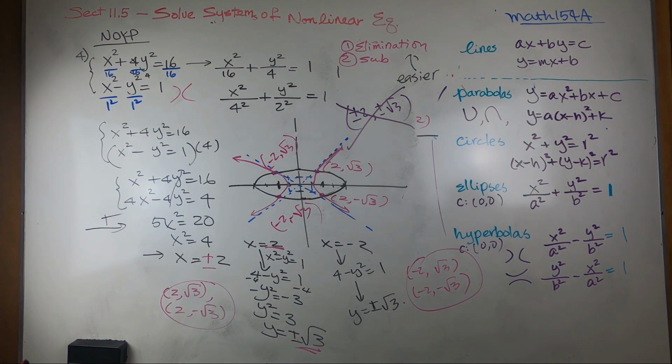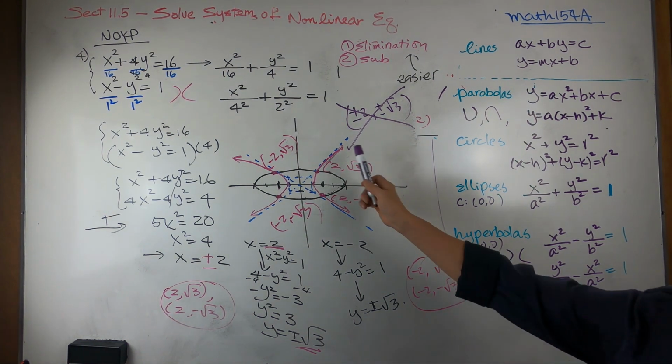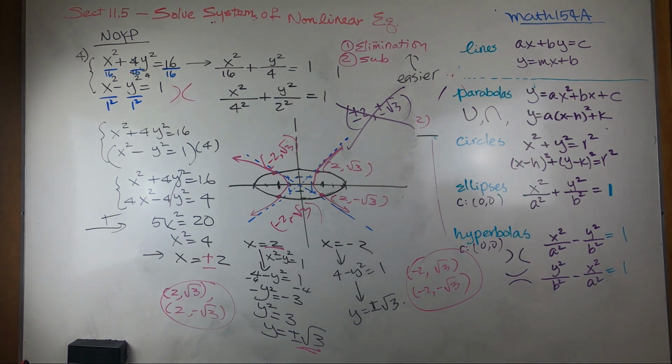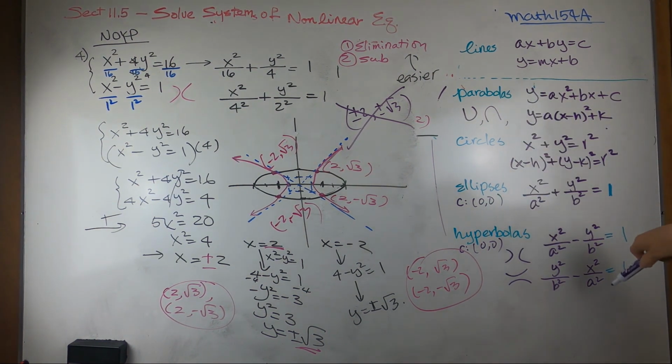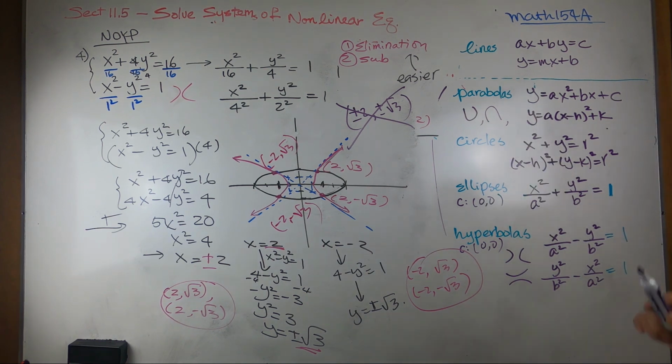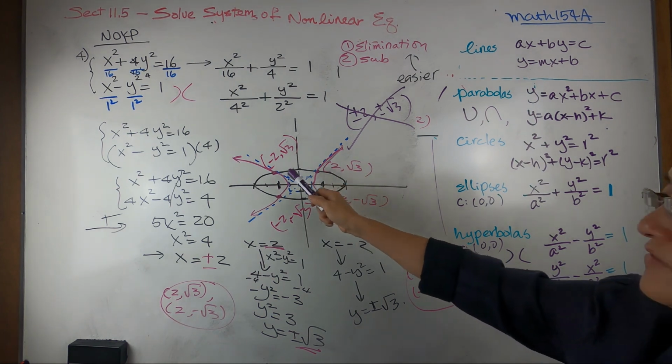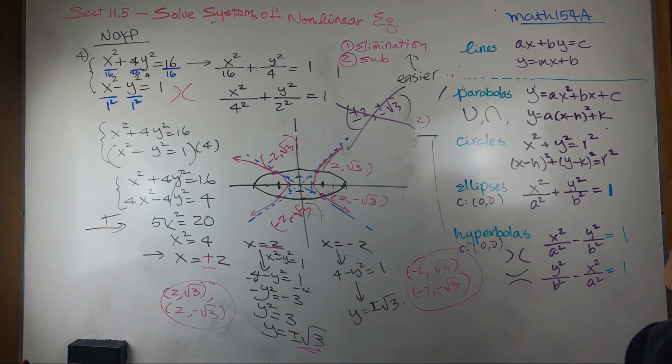Okay? So the most difficult problem you might encounter in this class would be like this. So you know where they are, how they look. But first you have to know how to decide what kind of shapes they are to identify how many answers there can possibly be, okay?